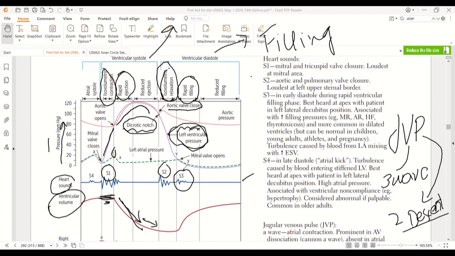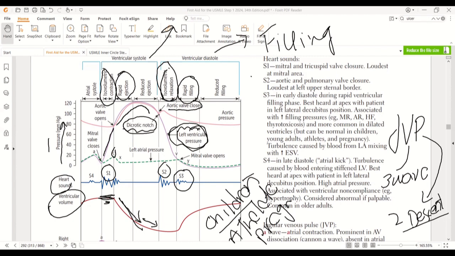Can anybody tell me the normal conditions in which S3 is produced? In children, pregnant women, athletes. Yes, volume overload, hyperdynamic states. Normal physiological causes of S3: children, athletes, and pregnancy, right?